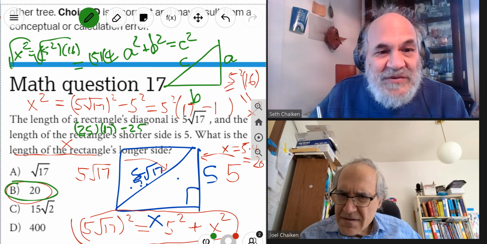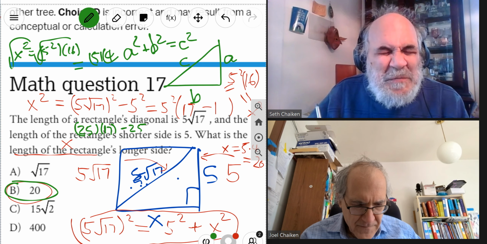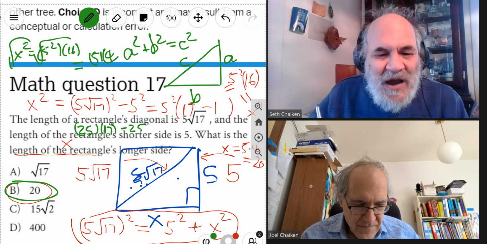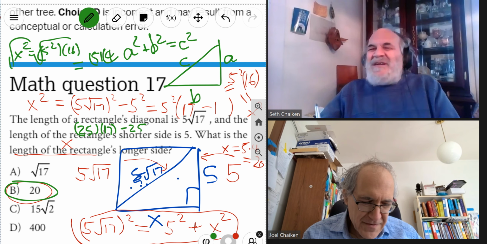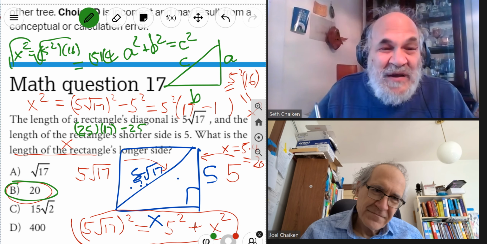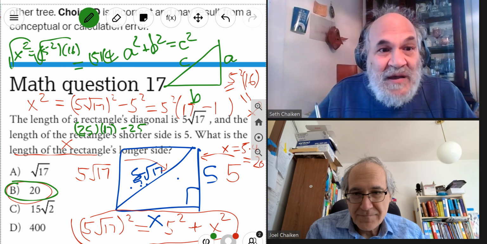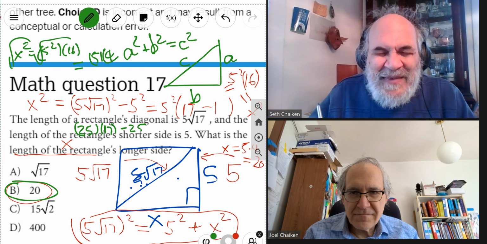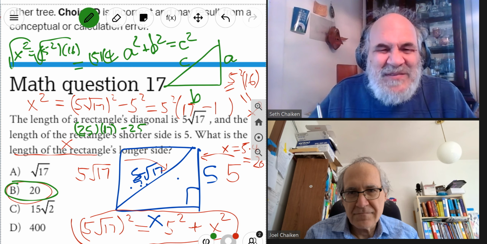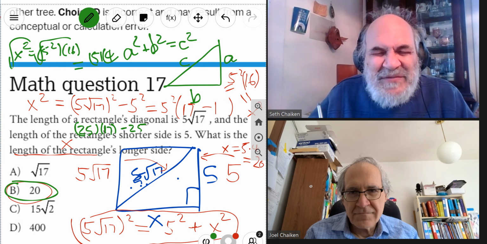Well, what you could do is plug in, if you're dumb, and make your calculator do all your work. You plug in 5 times square root of 17, and then tell the calculator to square that, and then subtract 5 squared. And then tell your calculator to take the square root, and it will pop out the answer.